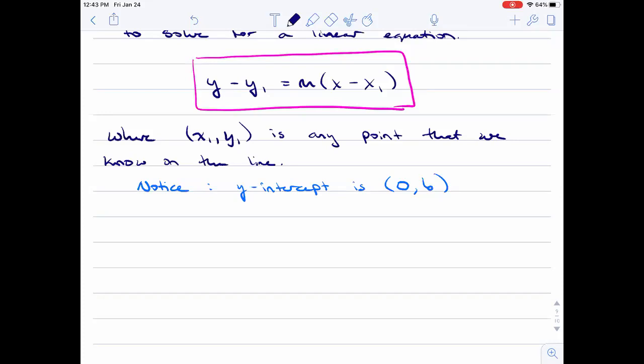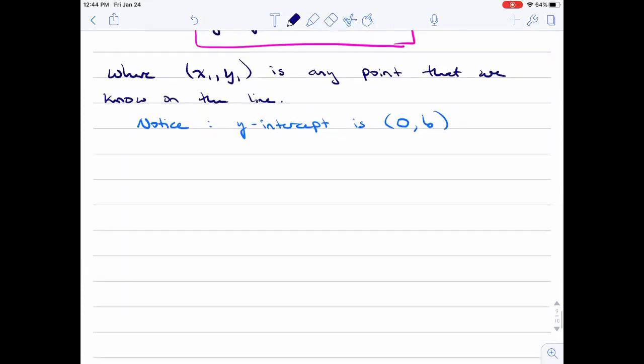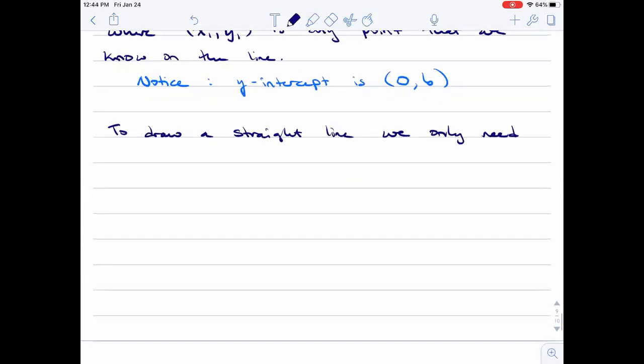Right, and so to draw a straight line, we only need to know 2 points on that line.